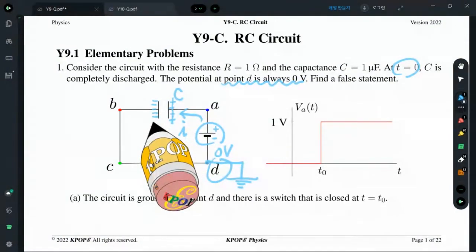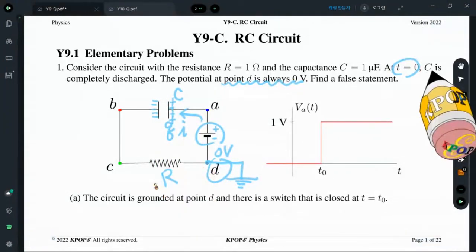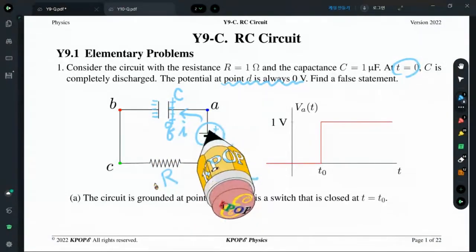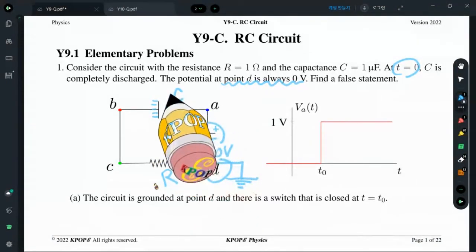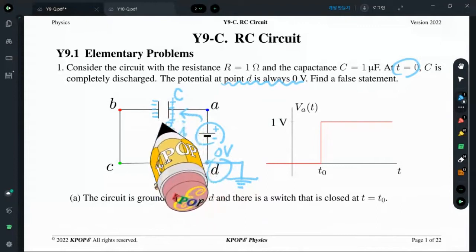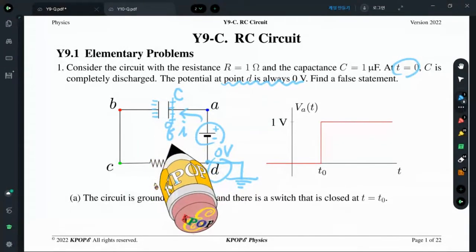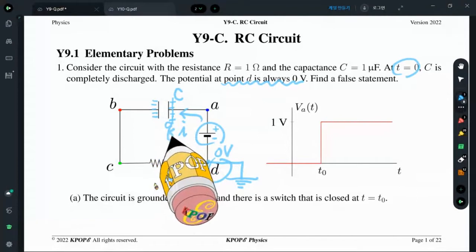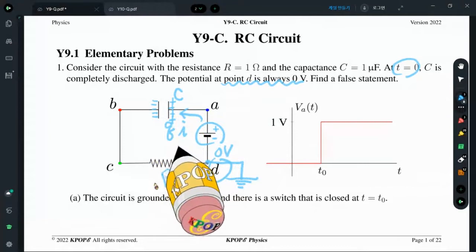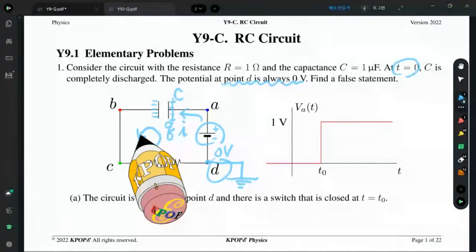Our convention of writing Q for the charge of a capacitor is such that the current flows into a plate to accumulate positive charge. Delta Q becomes positive, so from this convention, it is right. I flows in, Q increases. So remember, right now, the current flows counterclockwise.